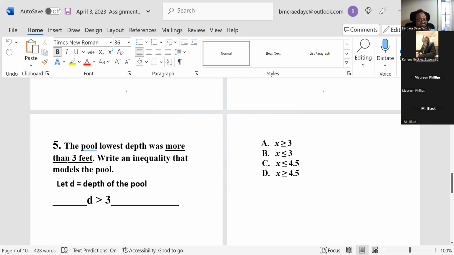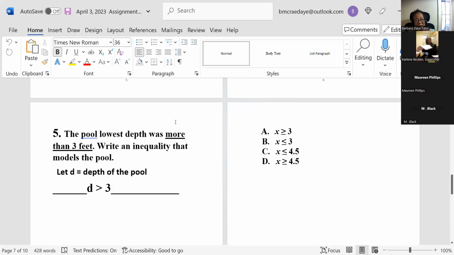The pool has a depth greater than 3 feet, so you write D, the variable for the depth, greater than 3. And if we said less than 3, you would turn this around and make it a less than, right? Yes.